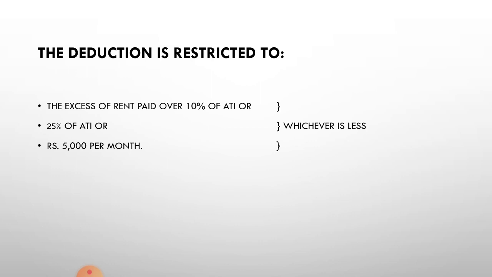The other items are 25% of adjusted total income or rupees 5,000 per month, whichever is less. Out of these three items, whichever amount is less should be considered for deduction under section 80GG. That is, the excess of rent paid over 10% of adjusted total income, or 25% of adjusted total income, or 5,000 per month, whichever is less, should be considered for deduction under section 80GG.